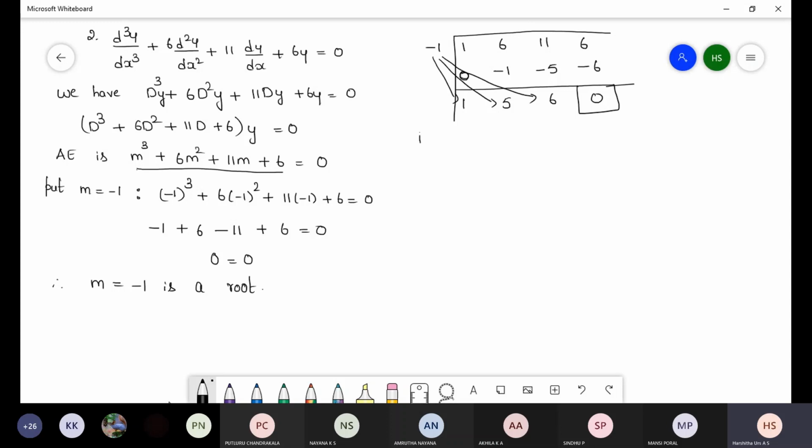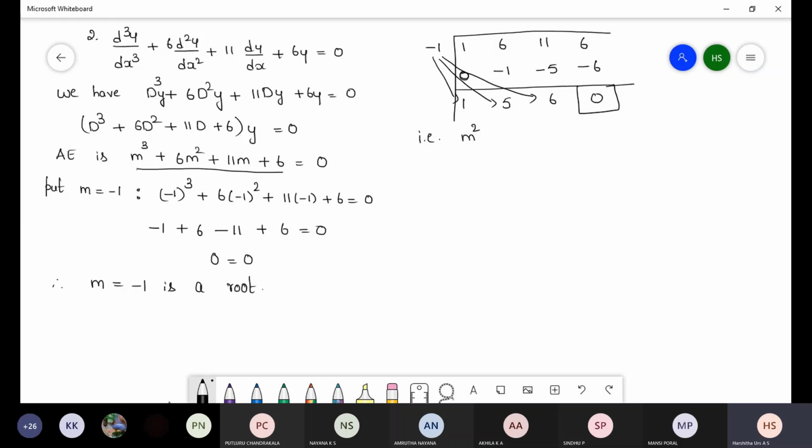Now after that we have to frame the equation for these coefficients 1, 5, 6. Here we started from m cube. After getting 0 we have to start from less than that, so after m cube we get m square.